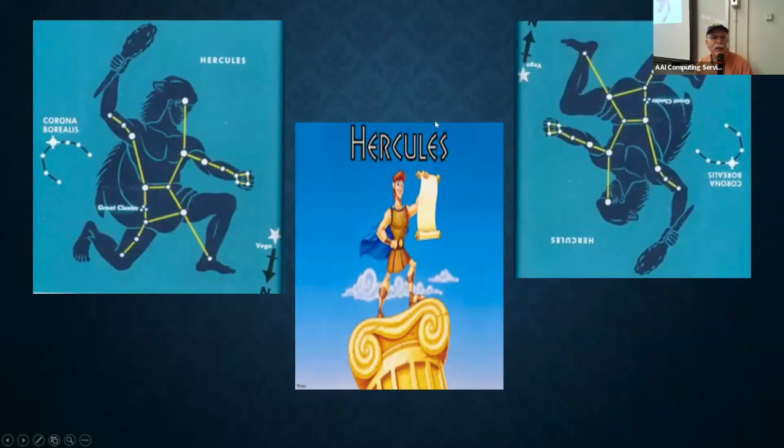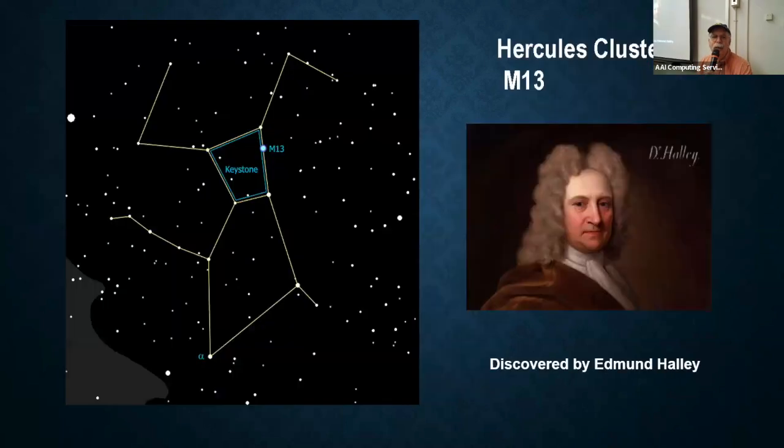And you'll notice that there's something here written that says Great Cluster. And here's that other constellation I mentioned, Corona Borealis, which means the Northern Crown. So Hercules has this object in it.